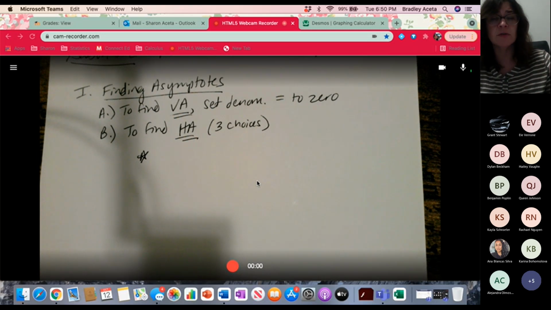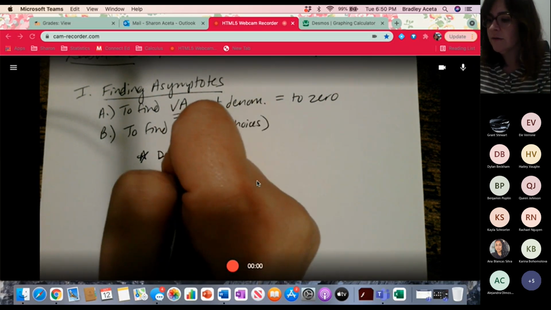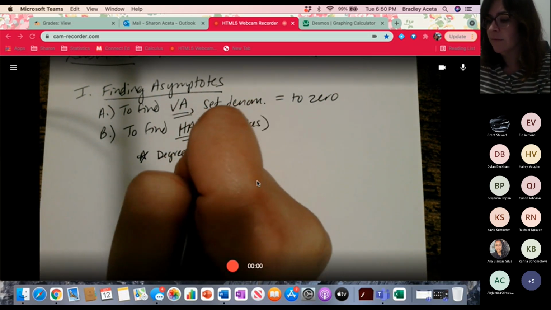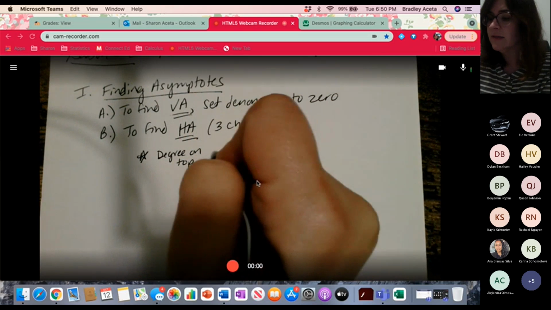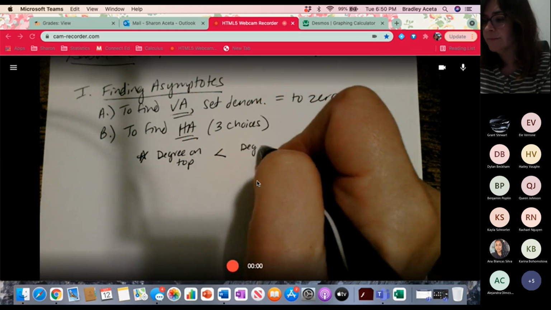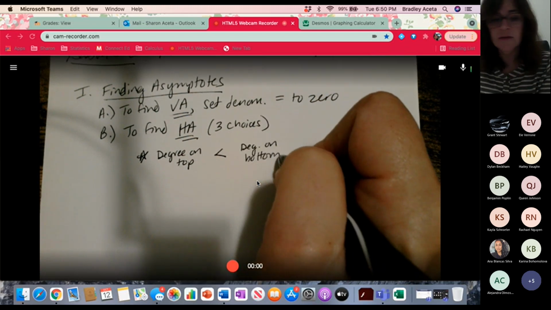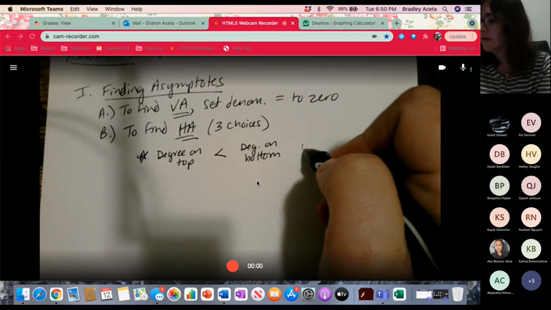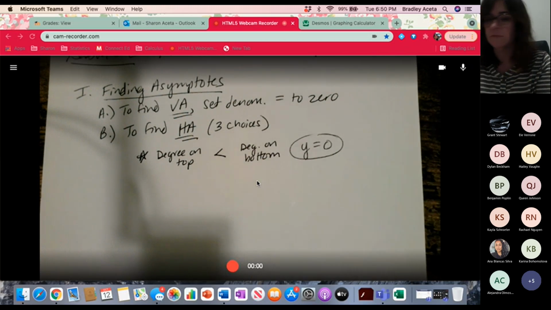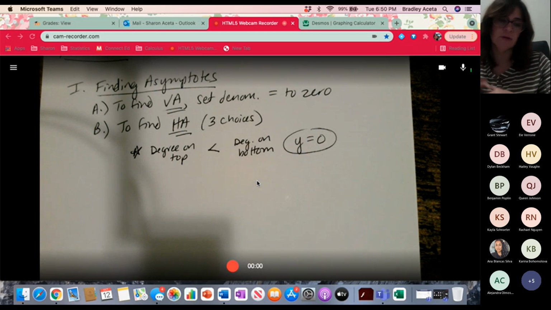Remember, degree refers to the exponent. If the degree on top is less than the degree on the bottom, then this is always, always, always your horizontal asymptote: y equals 0, always. If the top degree is less than the bottom, your horizontal asymptote is 0, no matter what.